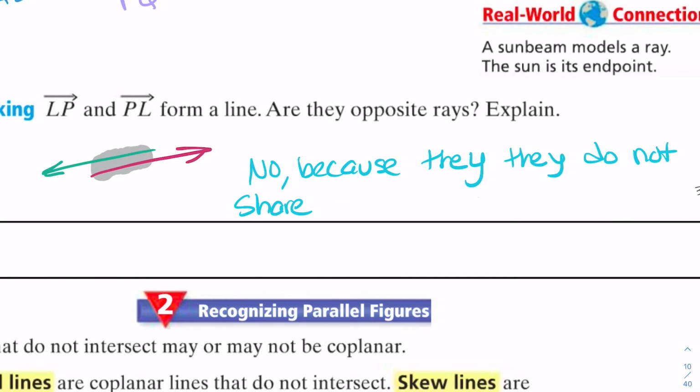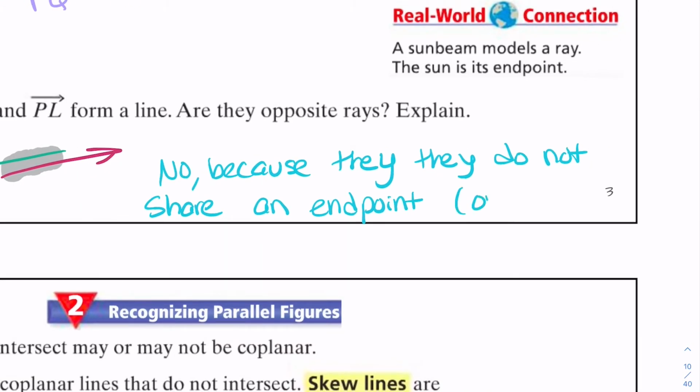Give me a second, I'm sorry. They do not share an endpoint. And we can even say they overlap. And we don't want that.